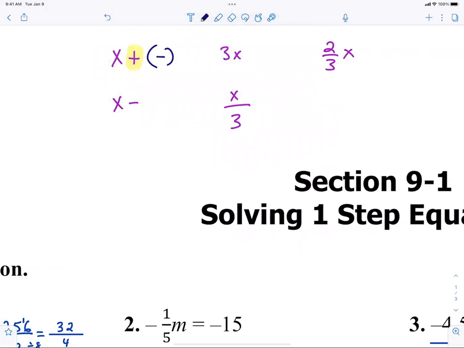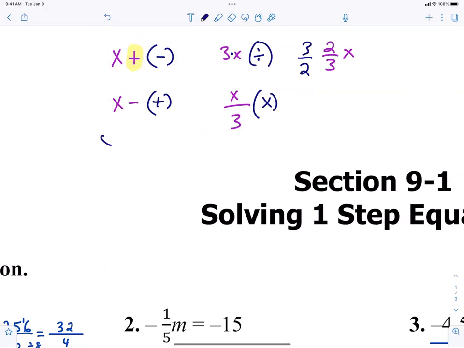To undo addition, we're going to do subtraction. To get rid of subtraction, I do what? Addition. This is multiplication. How do I undo multiplication? You're going to do division. How do I undo division? Multiplication. And how do I undo a fraction? What was the word? Reciprocal. We do the reciprocal to undo fractions. All right, you multiply by the reciprocal to undo a fraction.